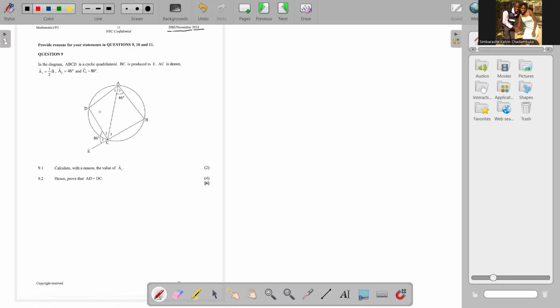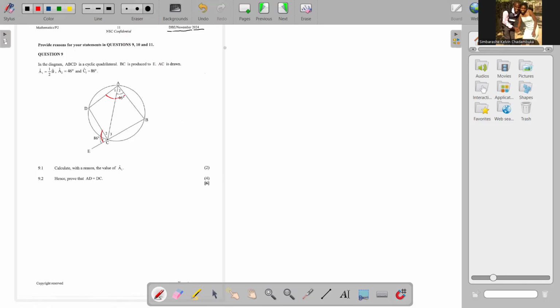If we check, we have a cyclic quad, and we have an exterior angle because this side has been produced. From the exterior angle theorem of a cyclic quad, we can conclude that this C1 is equal to the entire angle DAB.